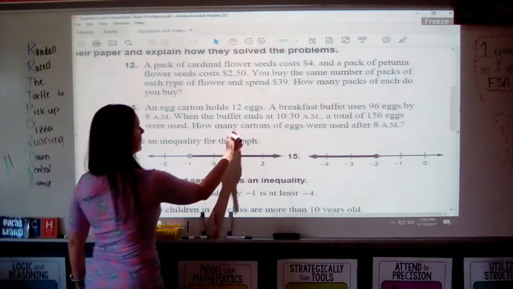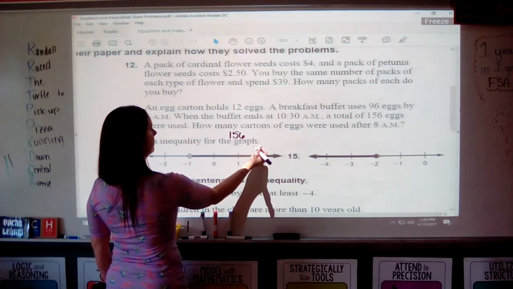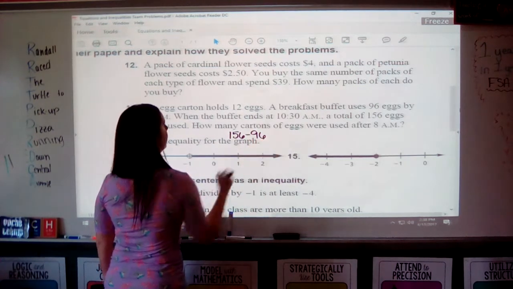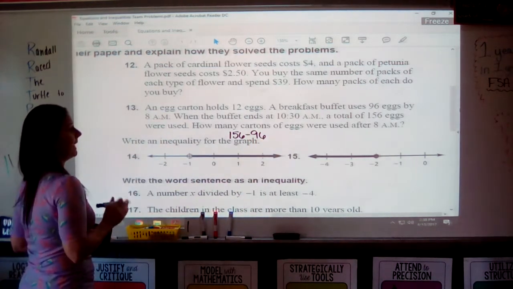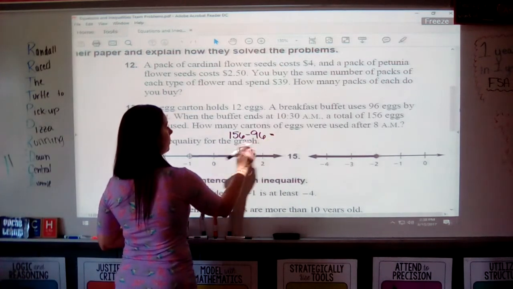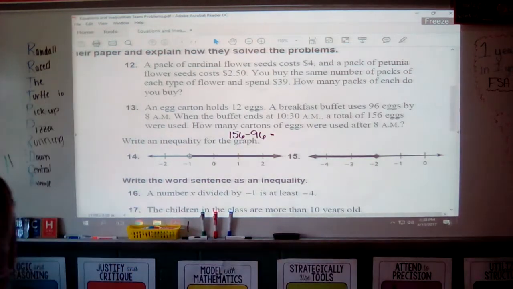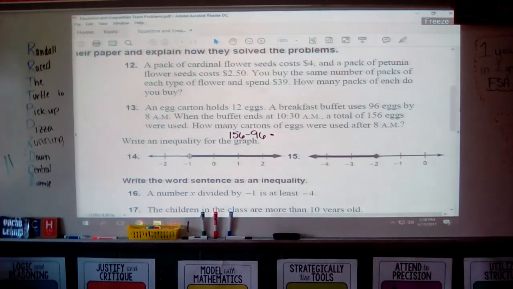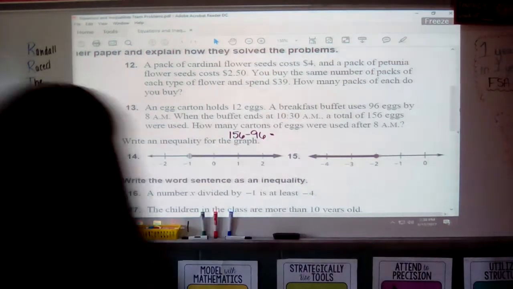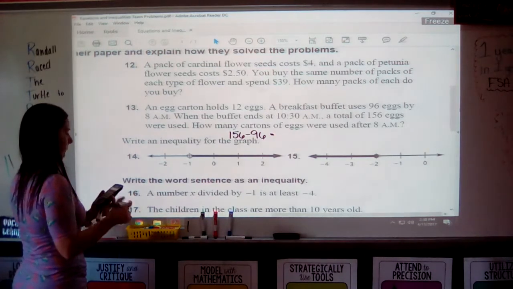First of all, we want to see between 8 and 10:30 how much was used. So 156 minus 96.